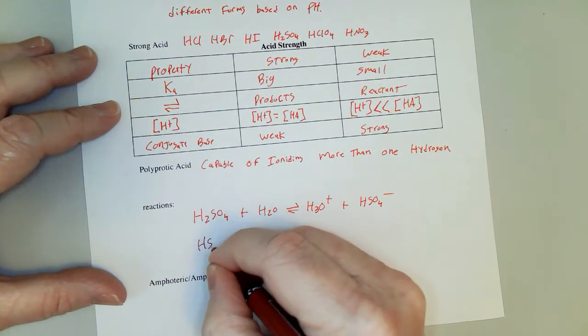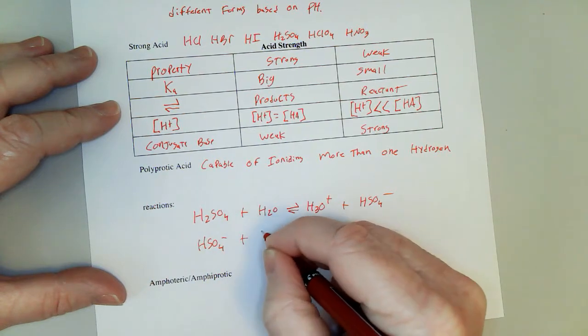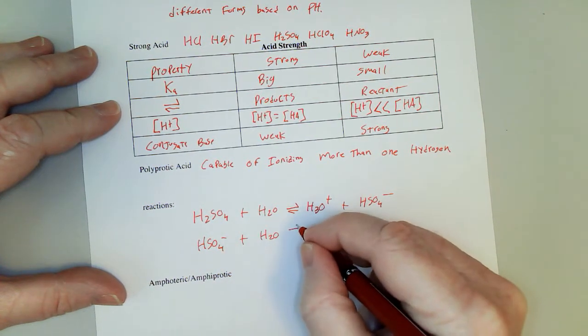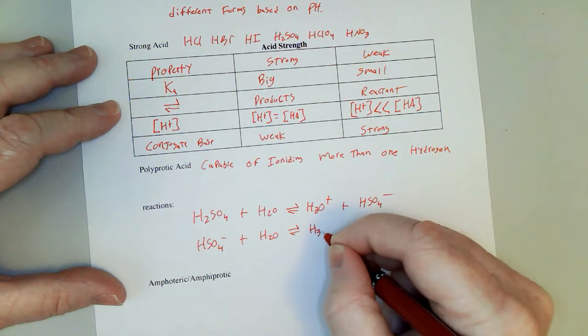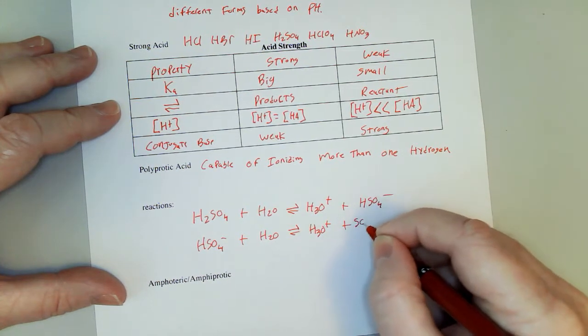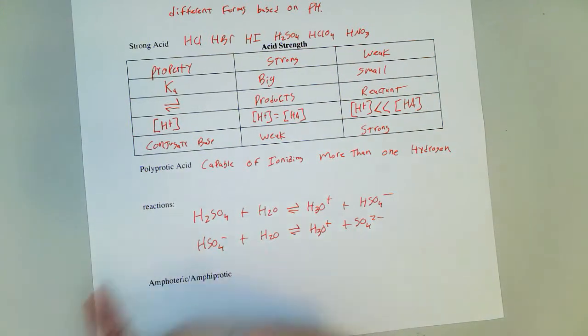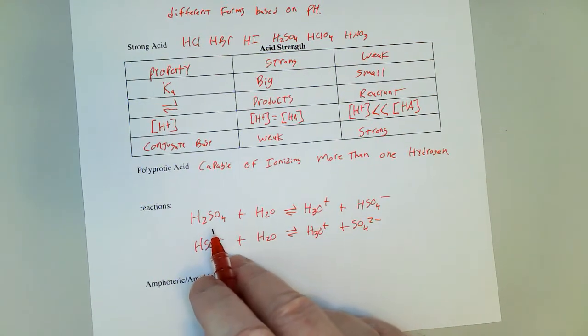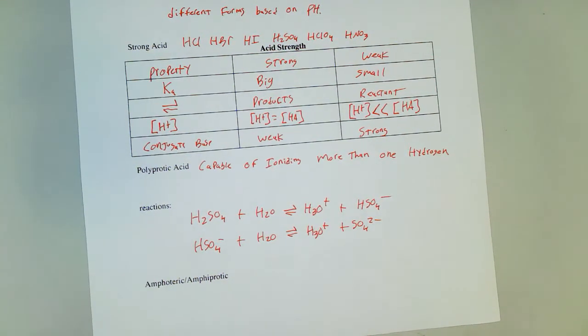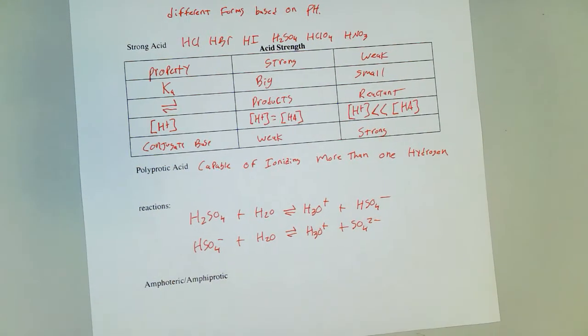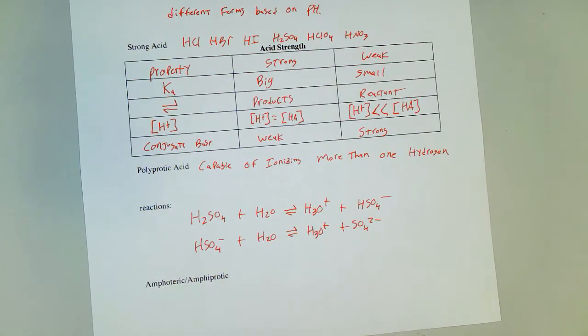Then the HSO4 minus can go and ionize itself to give H3O plus and SO4 2 minus. Kind of important to note that the H2SO4 does not give off both hydrogens simultaneously. It has to go through these two steps.